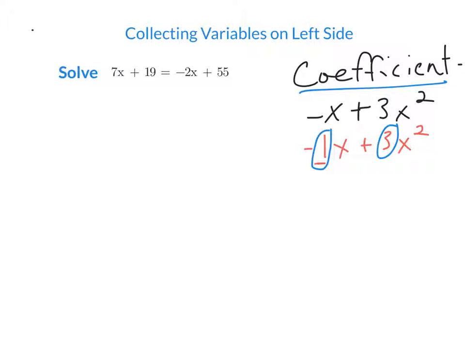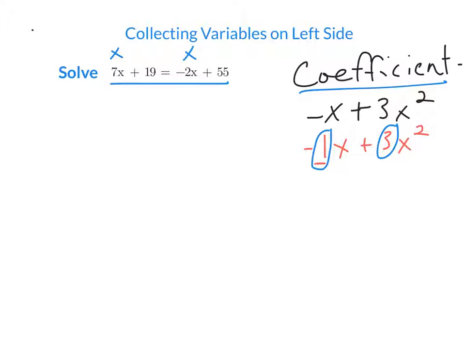Now what we want to do if we're looking at the problem up here is work with the side that has the larger coefficient. And again, the coefficient is the number with the x. We have 7x here and negative 2x here.